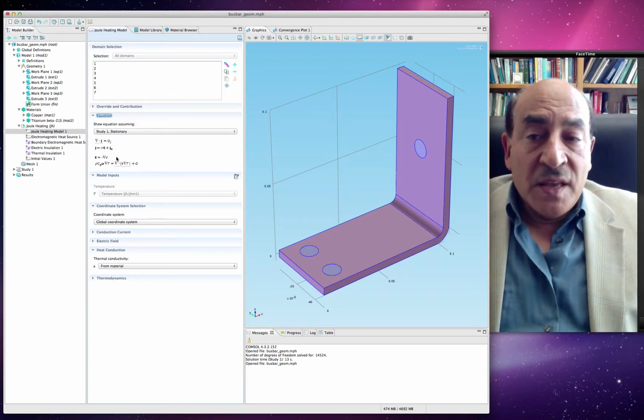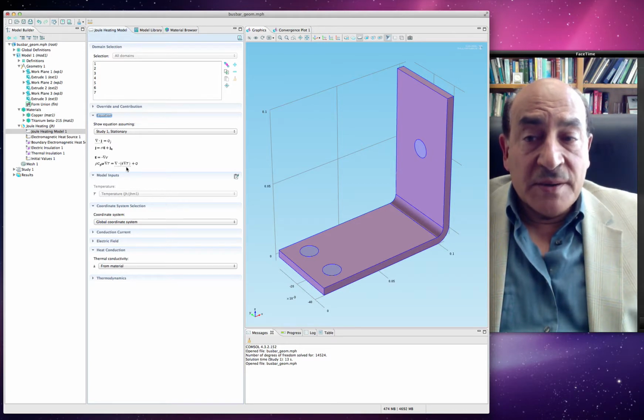And then the equation that represents the temperature, this is like the energy equation, conservation of energy. You have the gradients of the temperature, and the derivative of that must be balanced by the heat source.